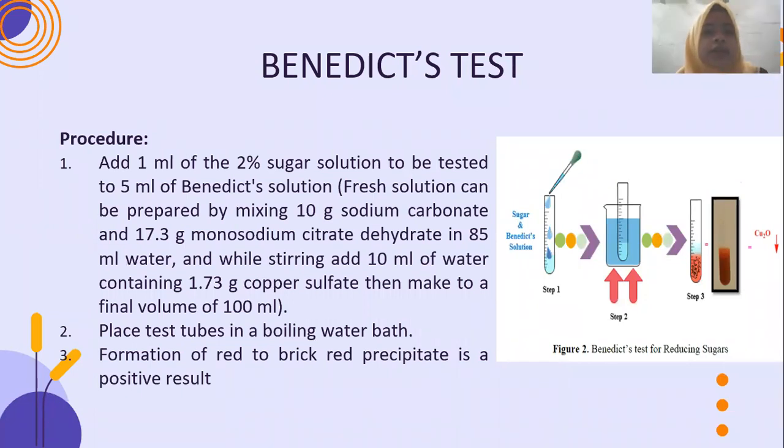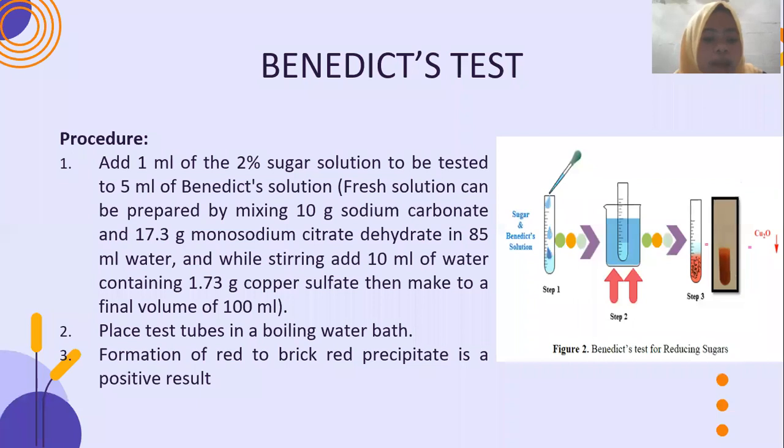And the next is the Benedict test procedure. Number 1, add 1 ml of the 2% sugar solution to be tested to 5 ml of Benedict solution, or fresh solution can be prepared by mixing 10 gram sodium carbonate and 17.3 gram monosodium citrate dehydrate in 50 ml water, and while stirring add 10 ml of water containing 1.73 gram copper sulfate, then make to a final volume of 100 ml.